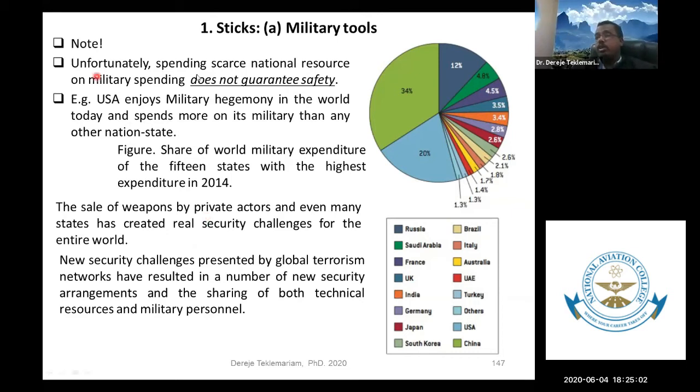This spending sometimes may create what you call a security dilemma. We will discuss it later. A country may interfere in other regions or countries, like securing peace and stability or order, but indirectly, knowingly or unknowingly, consciously or unconsciously, this intervention may create instability in that destination country.